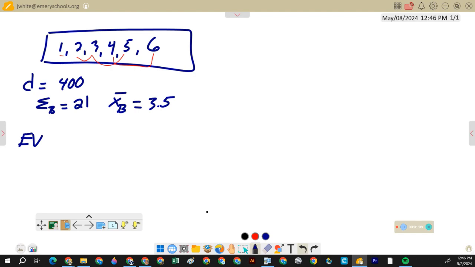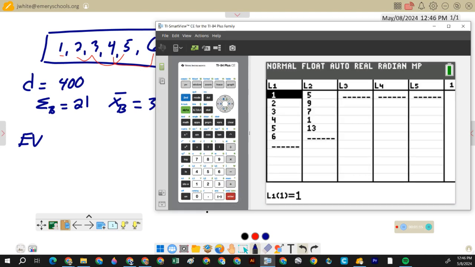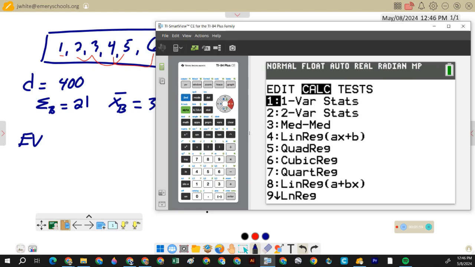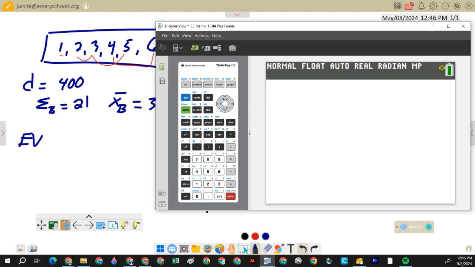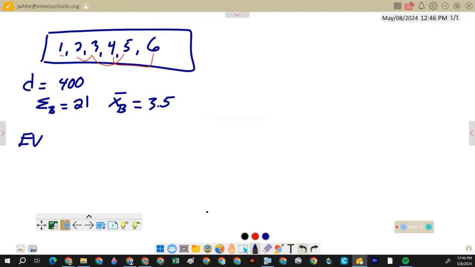I'm also going to need the SD of the box. And there's no shortcut on this one. So 1 through 6. And the SD is 1.707. So the SD of the box is 1.707.